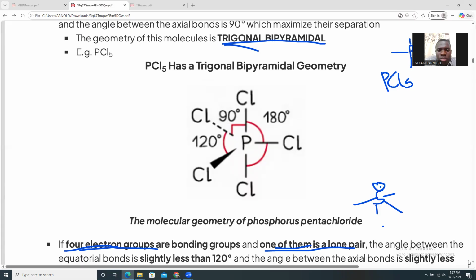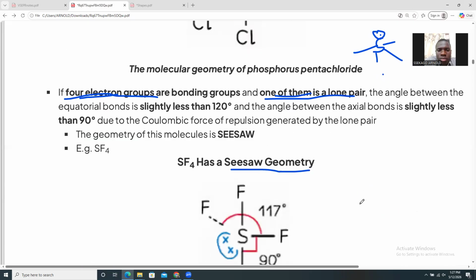The geometry is trigonal bipyramidal, but the shape is not trigonal bipyramidal. Instead, the shape is seesaw. It's like within the trigonal bipyramidal, we have another geometry that is in 2D, the seesaw, like that.